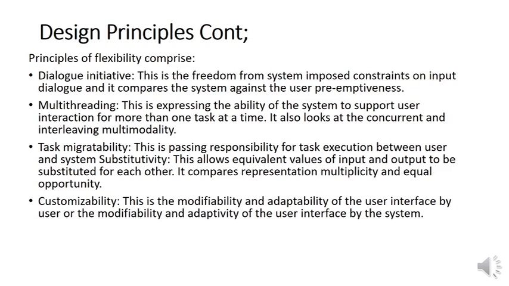It also looks at concurrent and interleaved multimodality. Then task migratability. This is passing responsibility for task execution between user and system, meaning you can migrate tasks from the user to the system in multiple ways. Then substitutivity.